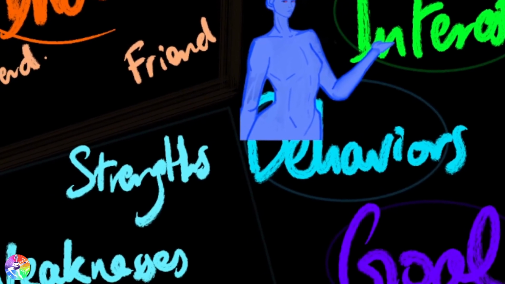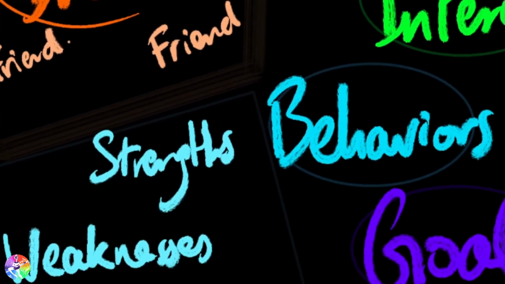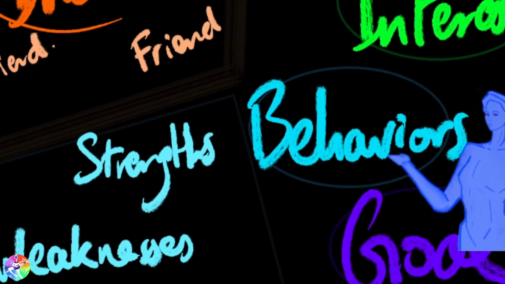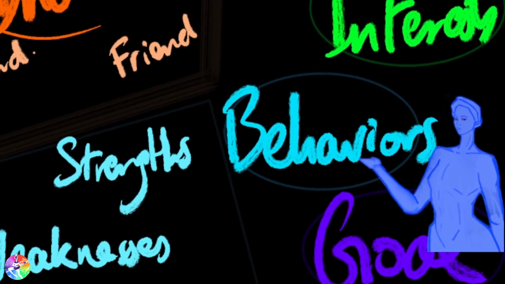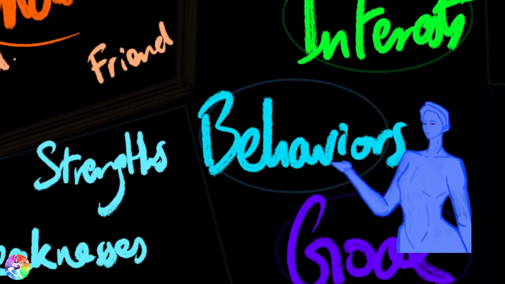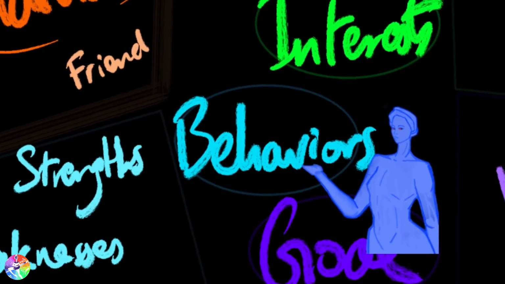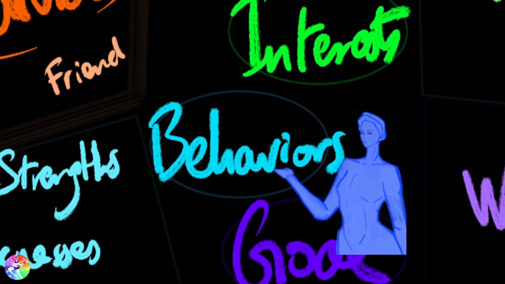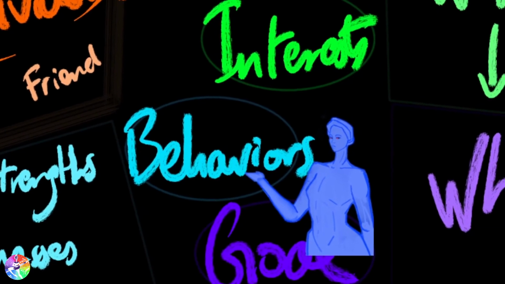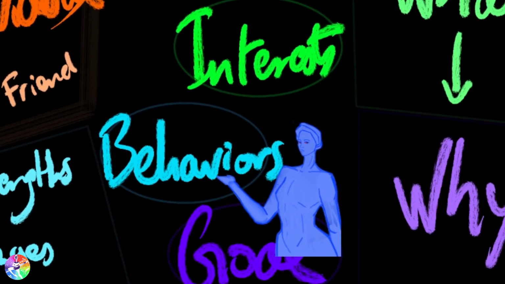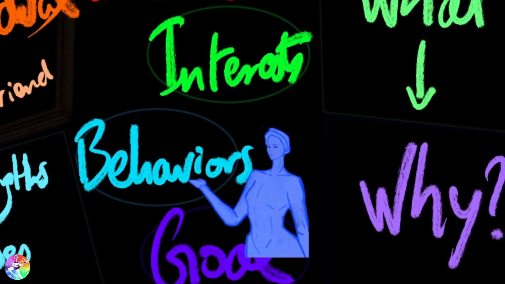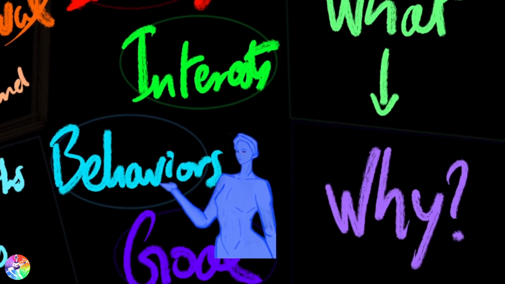What do I want? What are my interests? What are my behavioral traits? What are my strengths? What are my weaknesses? As an individual, what can I do easily? And what do I struggle to do? How can I find some degree of synergy between these 2?